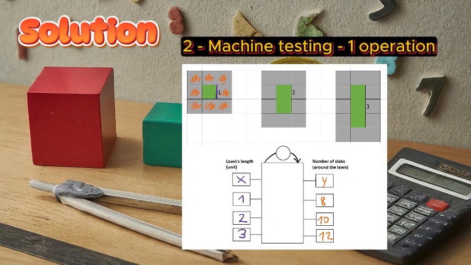Now we test a one-operation machine. With x equals 1, we could multiply by 8 to obtain the output value 8. However, when multiplying the input 2 by 8, we should get 16, not the output 10. This operation is not suitable.